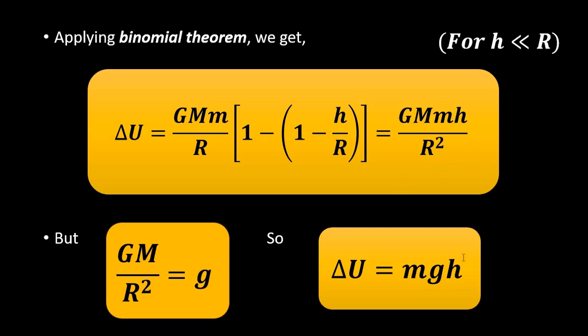Now we have to remember we derived the expression for acceleration due to gravity: GM by R square, where capital G is the universal gravitational constant, capital M is the mass of Earth, and capital R is the radius of the Earth. GM by R square is equal to small g, the acceleration due to gravity.